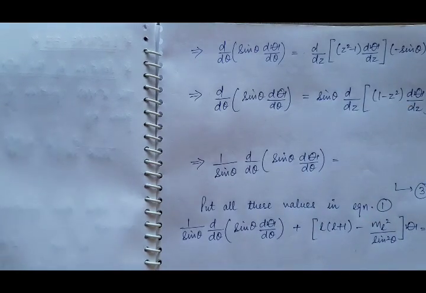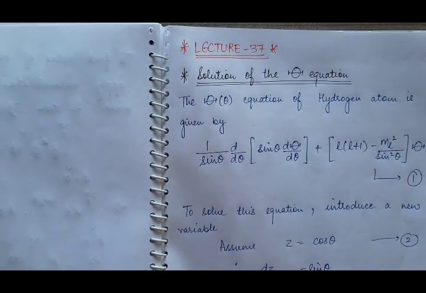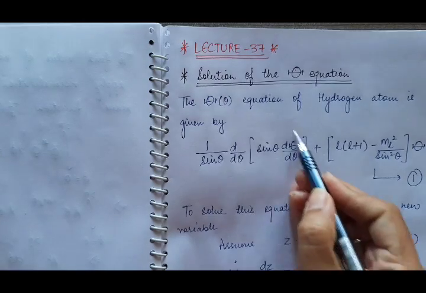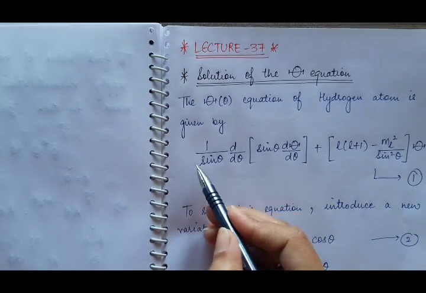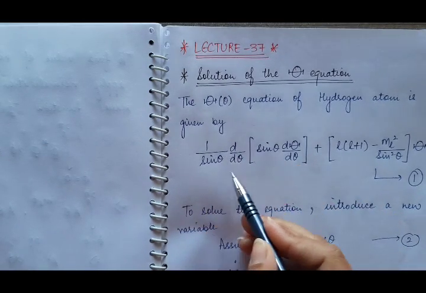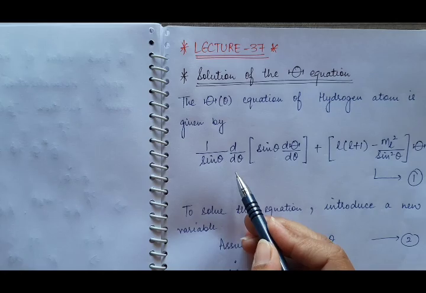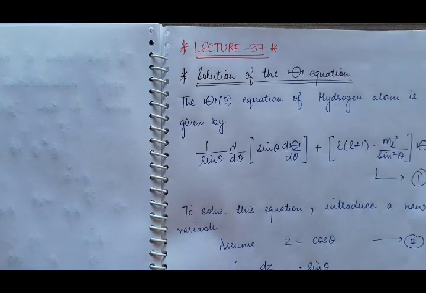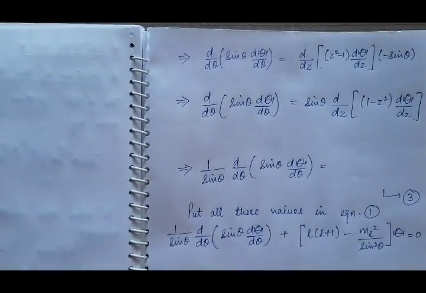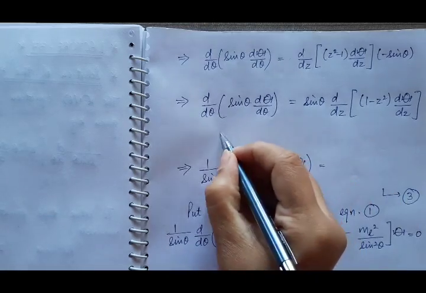Now we have found out the value for this, but we have to find out the value of this whole term. So what we will do is divide by sin theta on both sides of this equation.